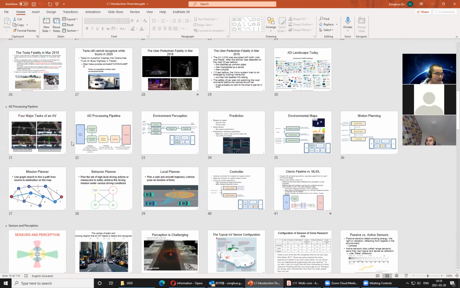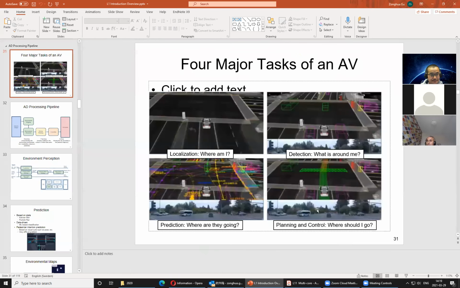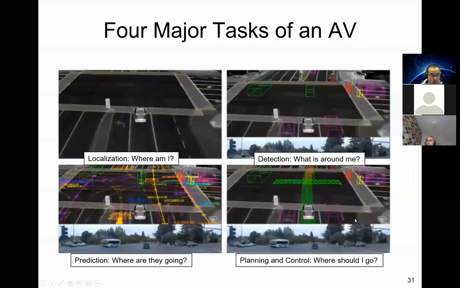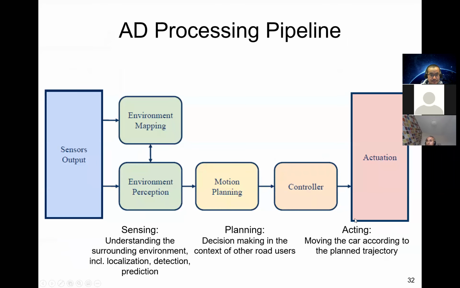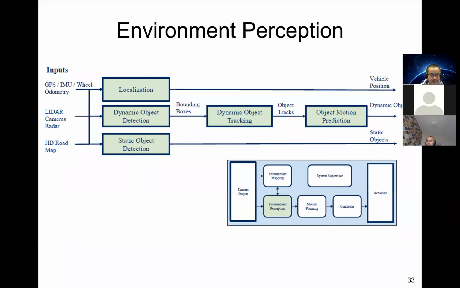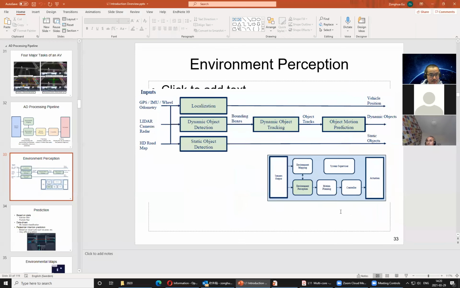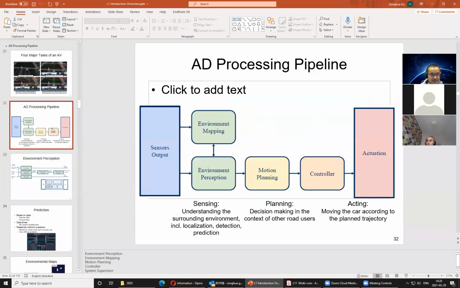Now we discuss the overall AD processing pipeline. We covered this part. Mainly, you can think of 3 stages: sensing, planning, and acting.